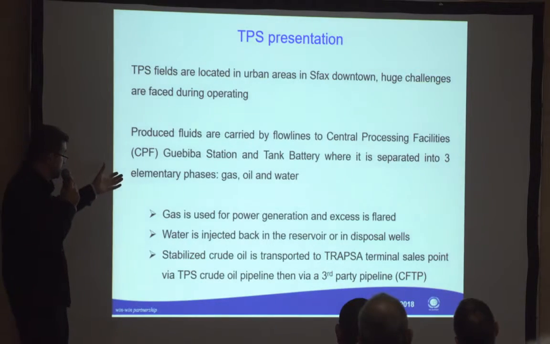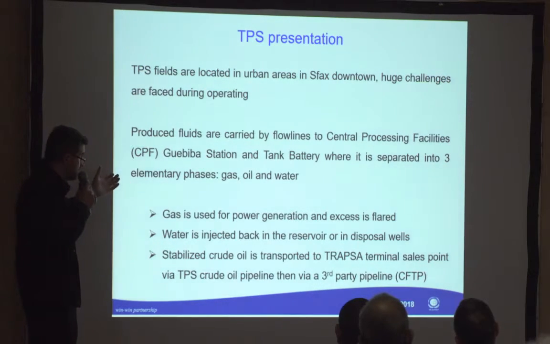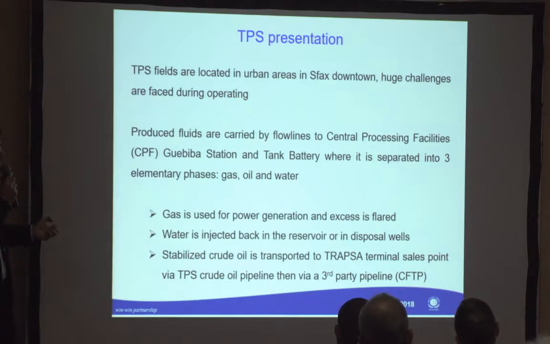The fluids produced by TPS from well sites are carried by flow lines to 2 central processing facilities, CPFs, which are Gbiba station and tank battery. We will see them later on when we present the pipeline project.